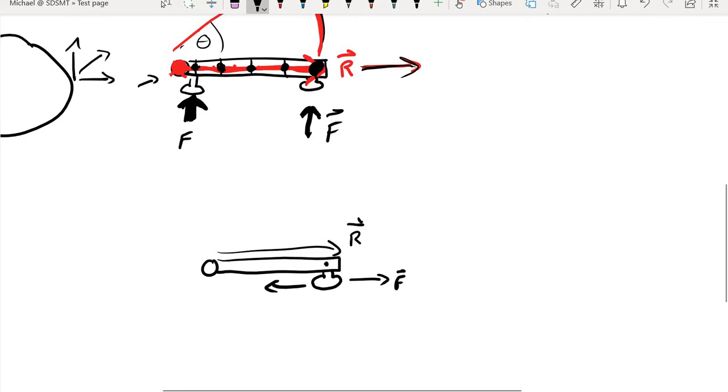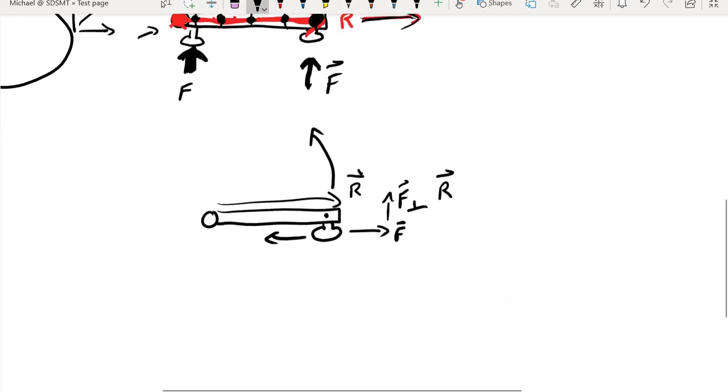Would either of those result in the door beginning to swing? And the answer is no. That's because I would actually need a force or a component of force that points perpendicular to the door, or perpendicular to the radial vector, to actually induce some rotation.